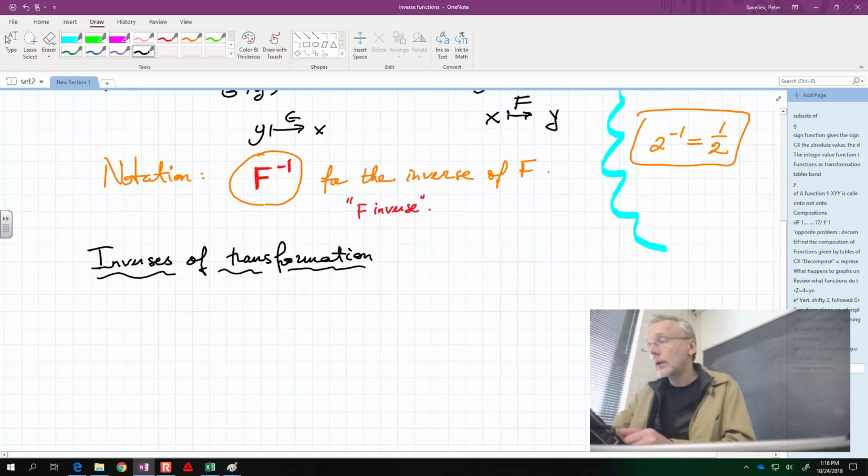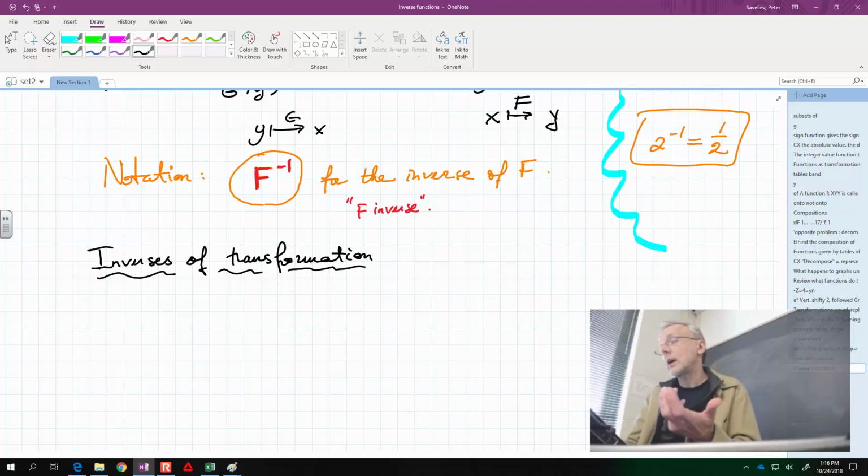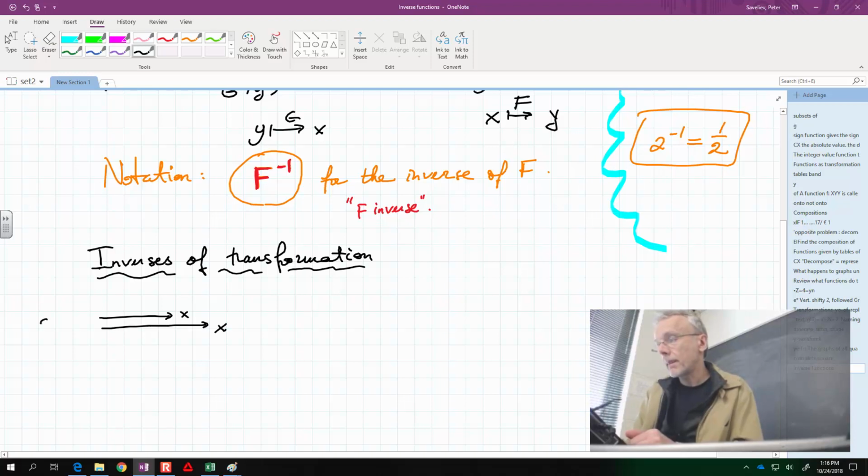So you take the real line and you do something to it, and then you see if you can undo that effect. So a shift, for example. We take my x-axis and then I shift it. Shift 3 units right.